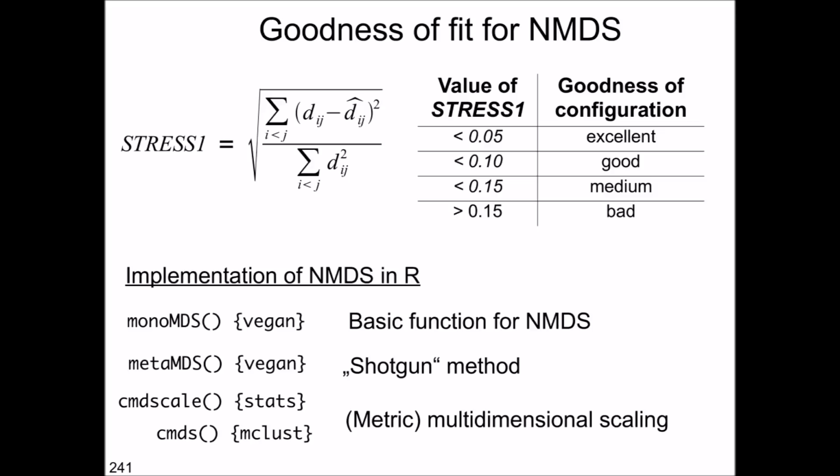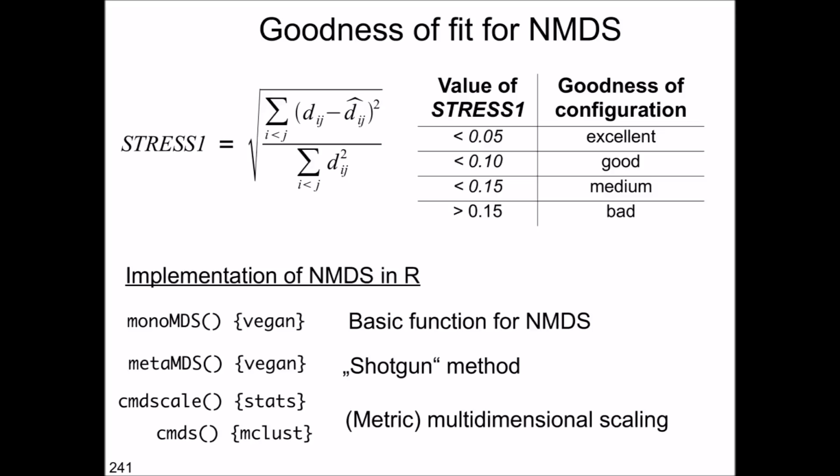NMDS is implemented in R in the vegan package that we have used before. The basic function for NMDS is so-called monoMDS, but that just runs the NMDS algorithm, whereas we have metaMDS, the so-called shotgun method, because it implements a couple of different techniques, and a shotgun shoots very broad and not very precise.